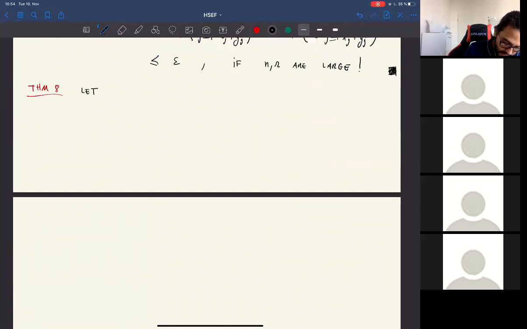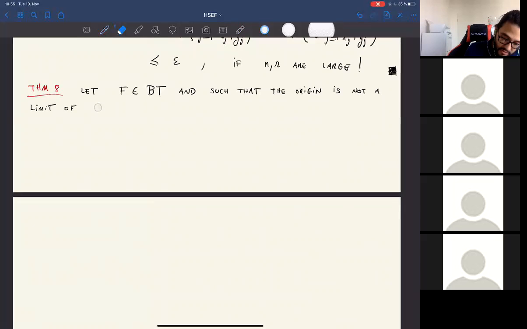Let f be a function of bounded type in the upper half plane, and such that the origin is not a limit of the zeros of f, meaning that the origin is not an accumulation point of the zeros.